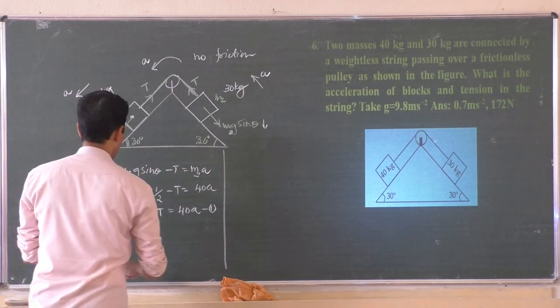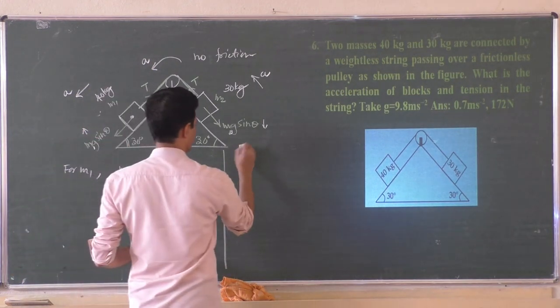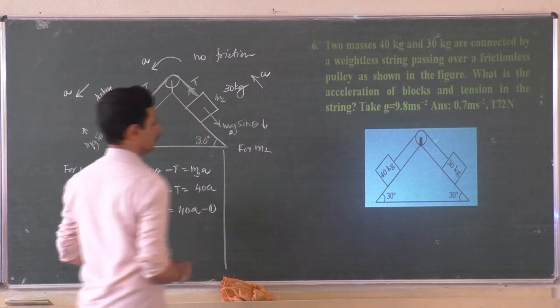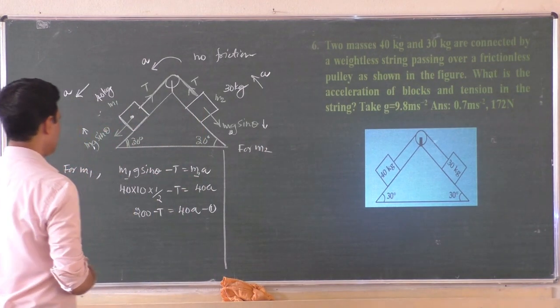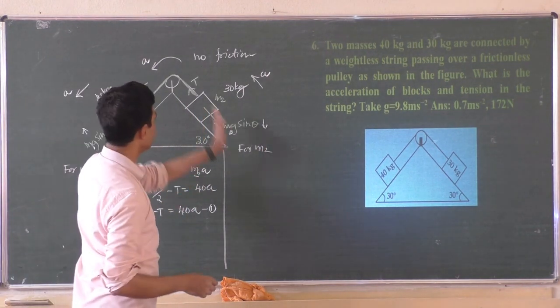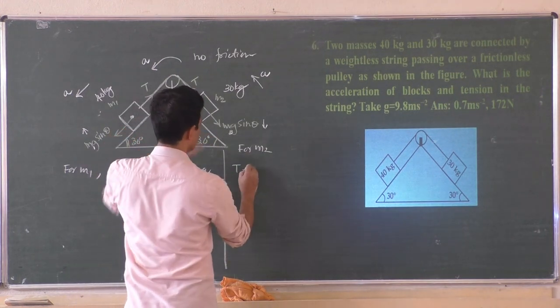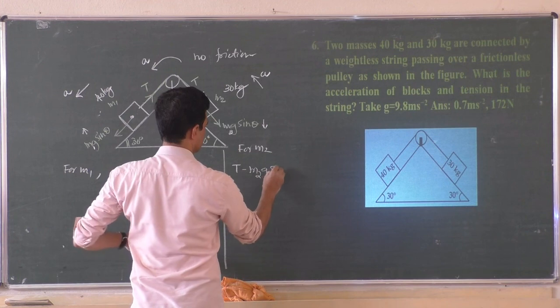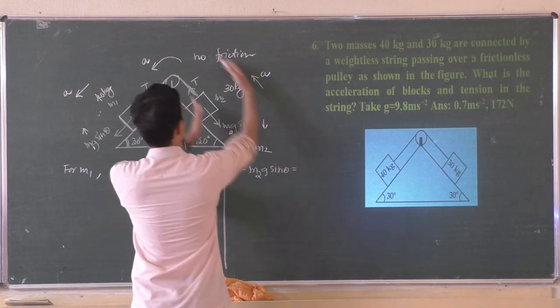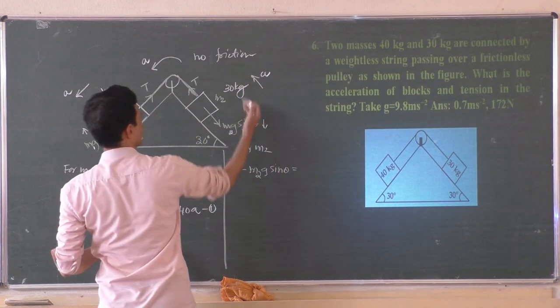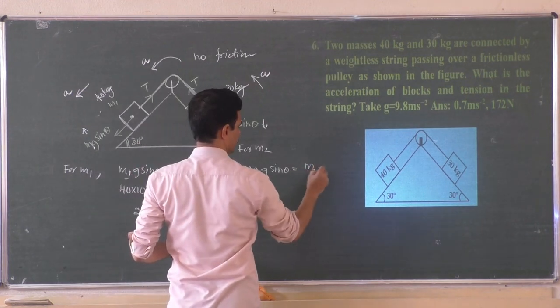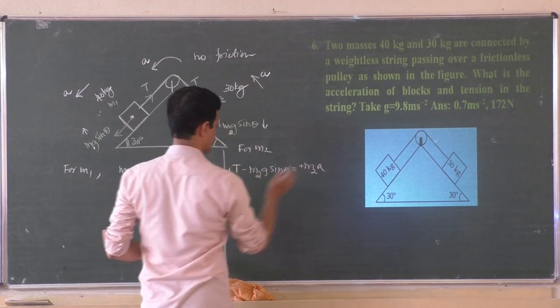For M2, M2 has to go this way, right? So tension is positive. Tension minus M2G sin theta must be equal to M2A in the same direction as tension, which is positive. This is plus, this is plus, this is minus.